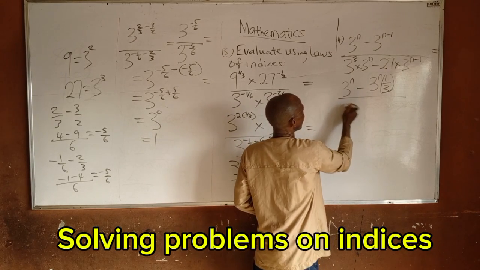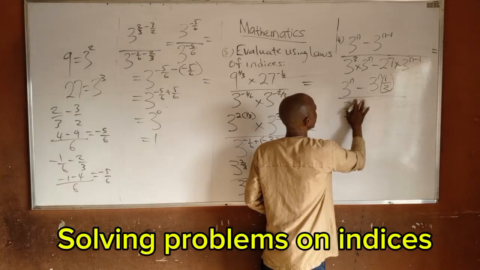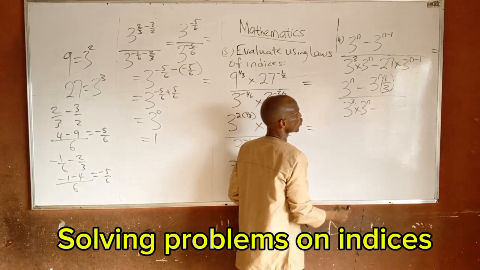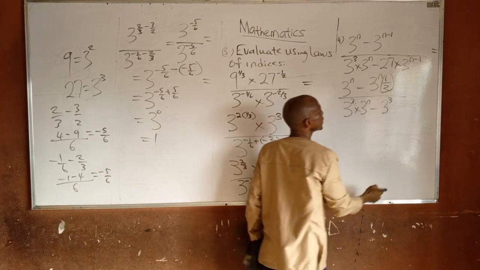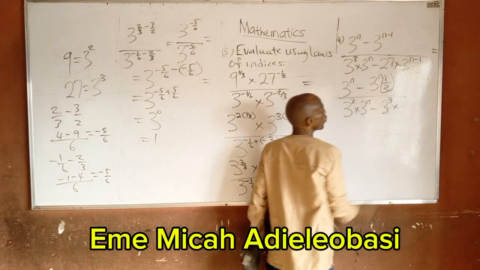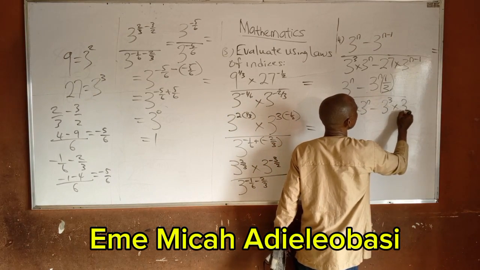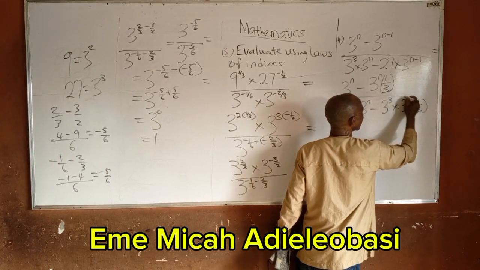This gives us 3 raised to power n times 3 raised to power 3, 3 raised to power n minus 27, which is 3 raised to power 3 times what do we have? This is the same thing as 3 raised to power n times 1 over 3.